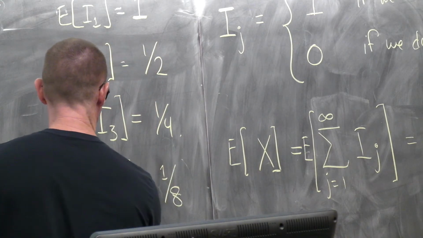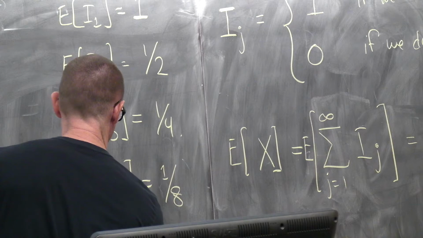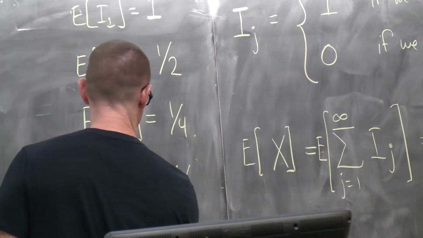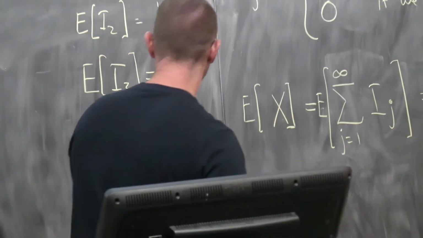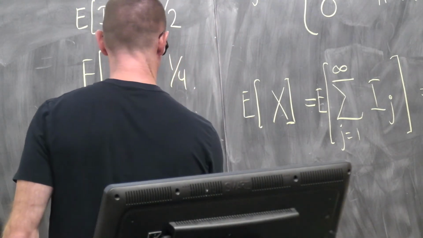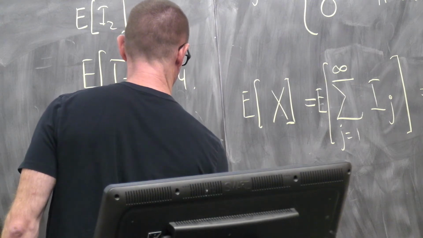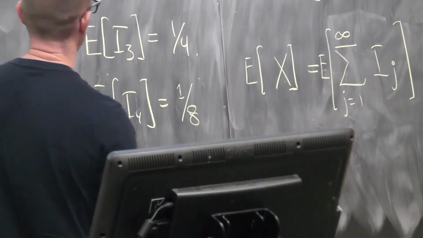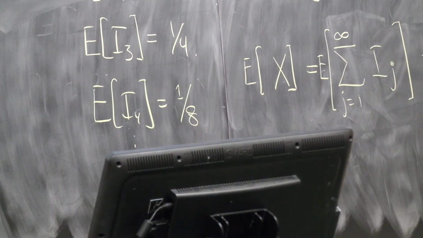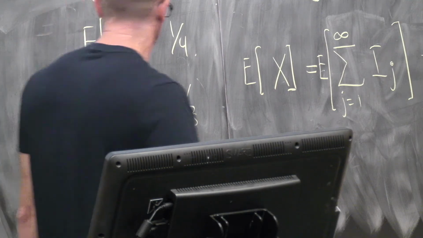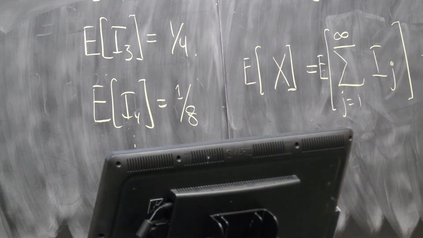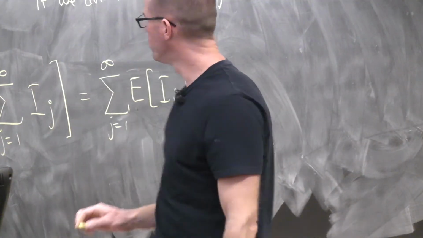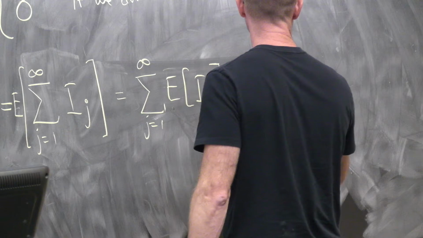And in general, the expected value of I sub j is equal to 1/2 to the j minus 1. And now it's actually a little bit easier. Since we've already started writing down all of the terms in this sum, we can write them down here.